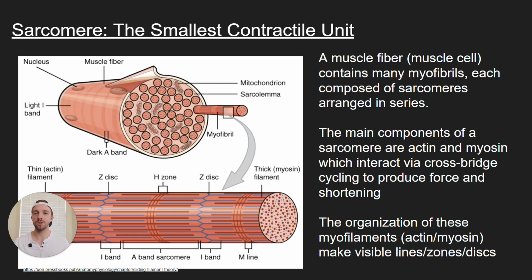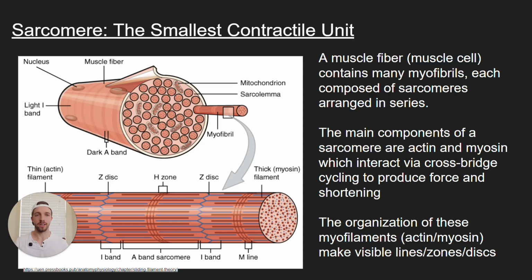So I mentioned sarcomere. These are the smallest contractile unit of muscle. Anything smaller than this is just one part of the contraction. But these units actually contract, and there's tons and tons of them all linked together in the myofibrils, so if you produce this much force with one of them, then just think of hundreds and thousands of them contracting.